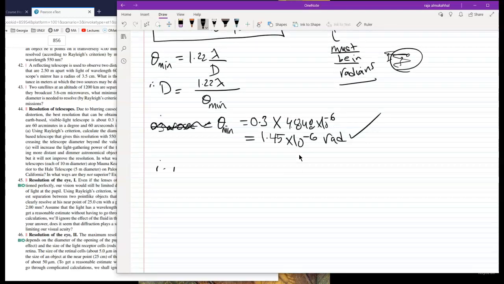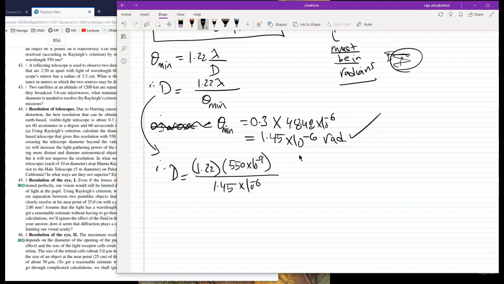So therefore, D is just 1.22 times lambda. Lambda is, what is it? I forgot. 550. I have the hard copy beside me. Divided by theta min, which is 1.45 times 10 to the negative 6.